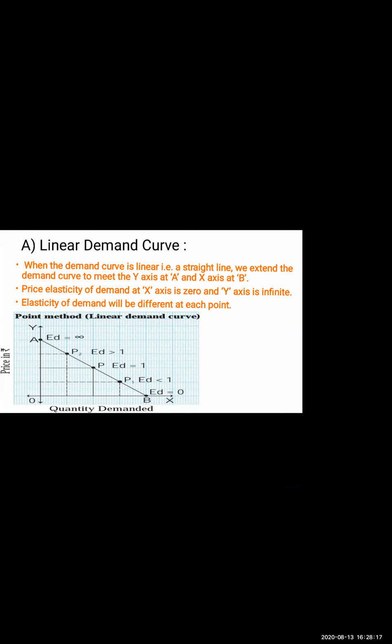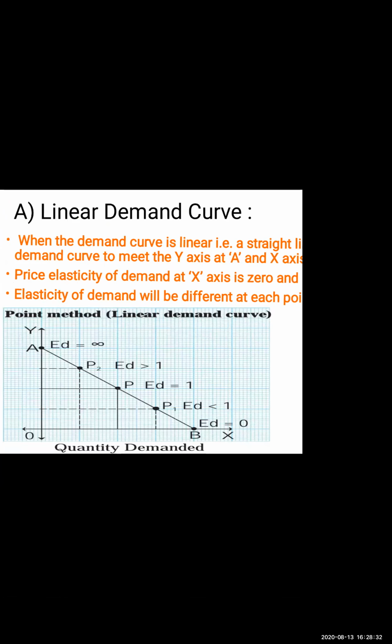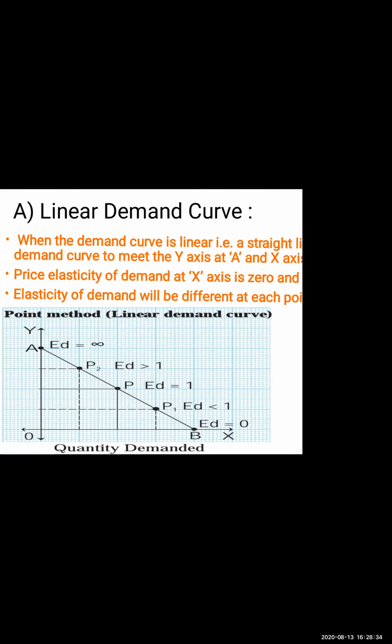Elasticity of demand will be different at each point. Over here it will be different, over here it will be different. Basically this is your diagram of a linear demand curve.